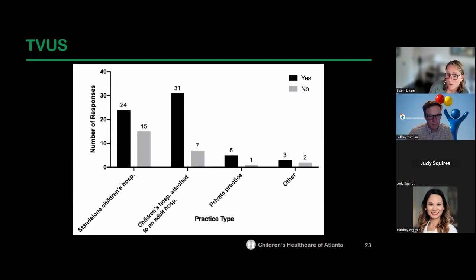We did a survey, and we found that not everywhere is doing transvaginal ultrasound. 24 versus 15 not doing it as standalone children's hospitals. Children's hospitals that are attached to an adult hospital are probably more likely to do transvaginal ultrasound, but not everywhere is doing transvaginal ultrasound in peds yet.